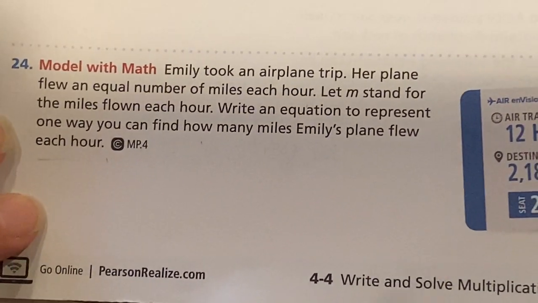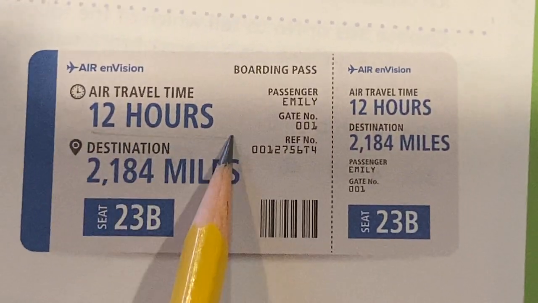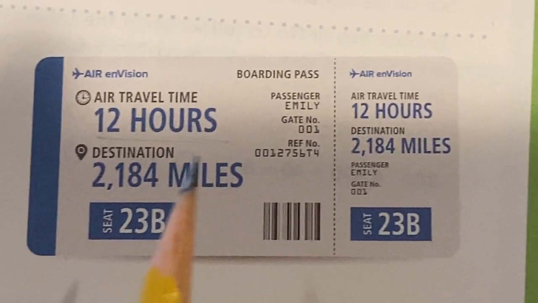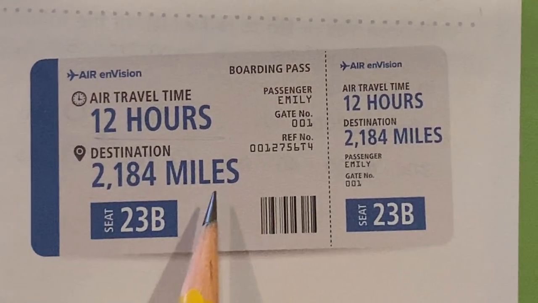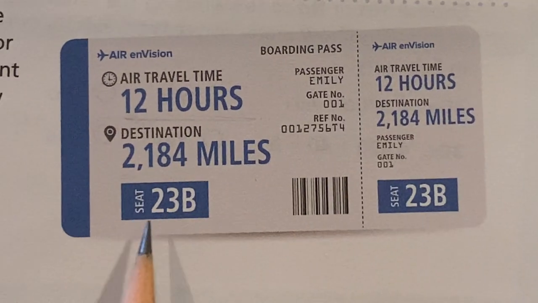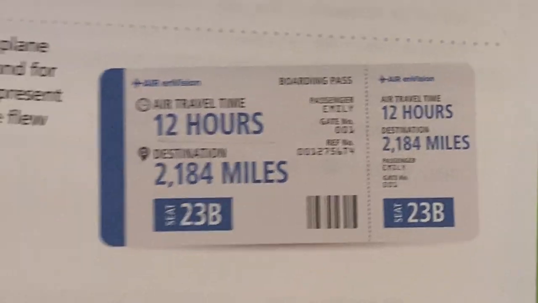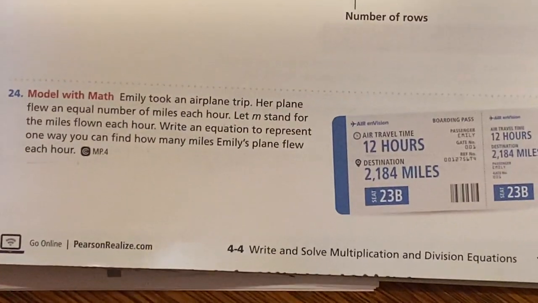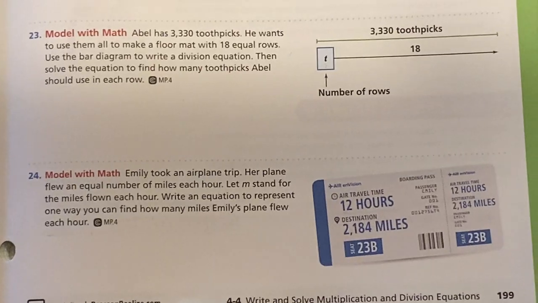So here we have her ticket, and we know that it's 12 hours of flying and that the destination is 2,184 miles away. We also know she's in 23B, but that really doesn't matter. We don't need to know that. Okay, so set up your equation for that one, solve it, and pause. When you're ready, start it up again.